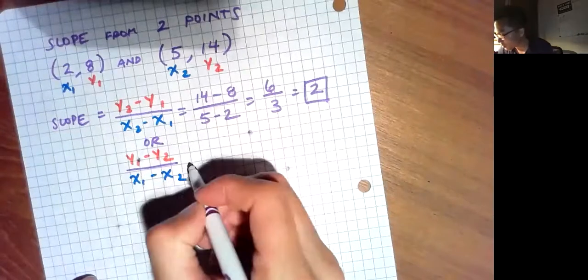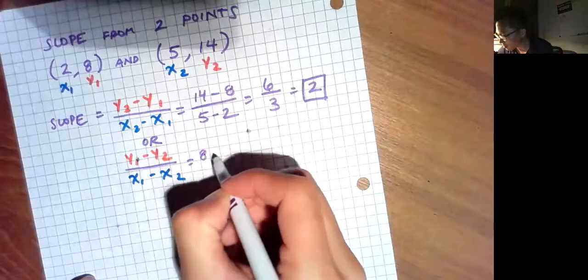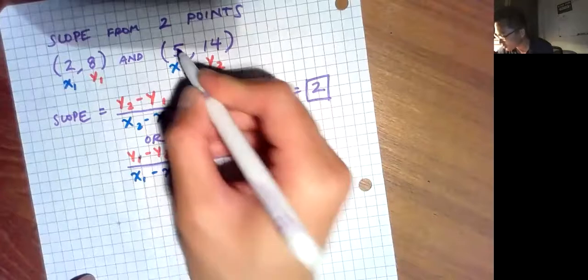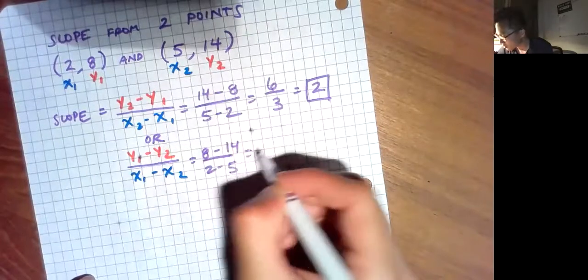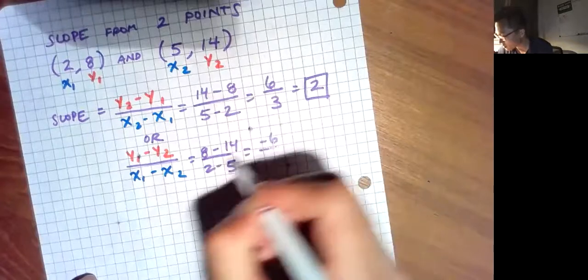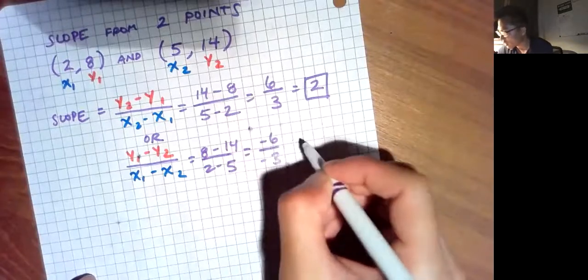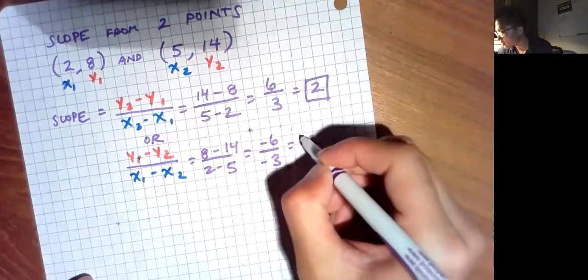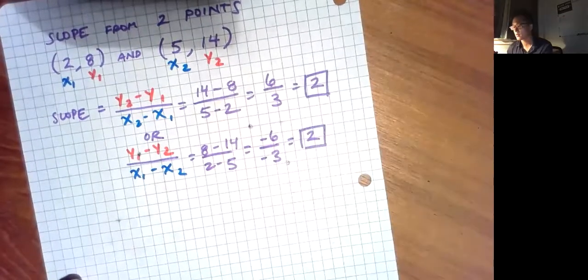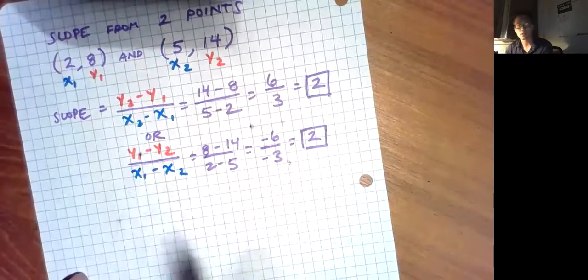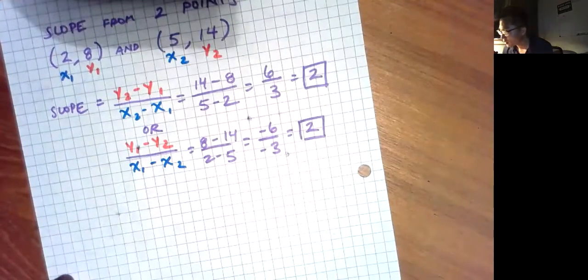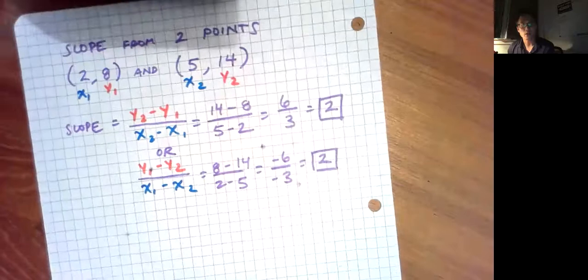Let me just show you. y1 is 8, minus y2 is 14, x1 is 2, x2 is 5. So 8 minus 14 is -6, 2 minus 5 is -3. -6 divided by -3, a negative divided by a negative is positive, so that's also +2. Got the same answer. So either one of these works, as long as you're consistent between the numerator and the denominator. All right, so that is how you find the slope from 2 points.